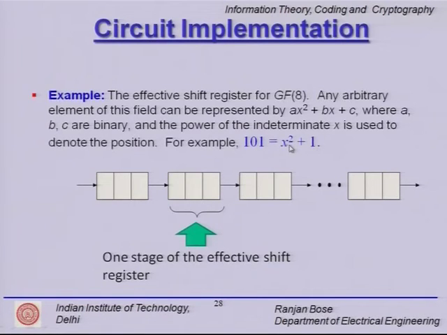Why? Because the coefficient of x squared is 1, the coefficient of x is 0, so x is missing, and the coefficient of x to the power 0 is 1. So if I substitute 1 0 1 here, this represents x squared plus 1. I can represent any polynomial using the coefficients in a shift register.